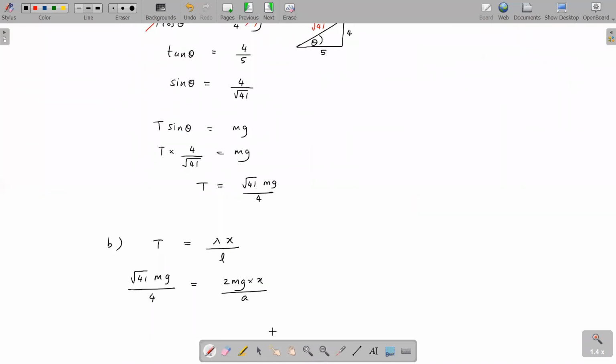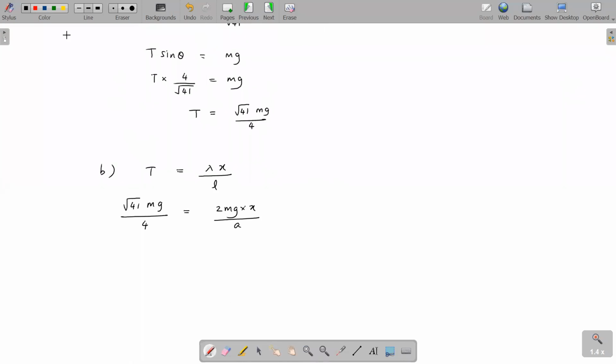So now let's make x the subject. When you make x the subject, you can see mg cancels out. So we get x equals root 41 times A over 8. The 2 comes down with 4, 2 times 4 is 8. And here root 41 times A over 8 is the extension.